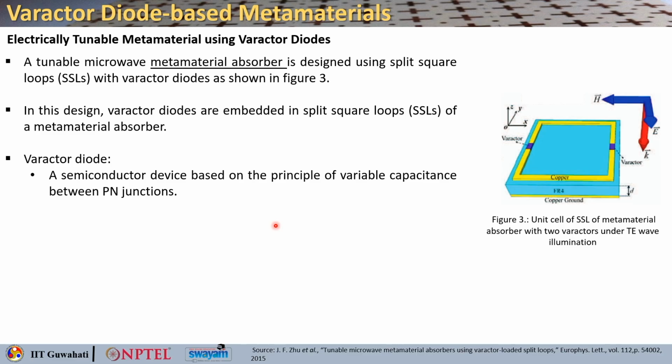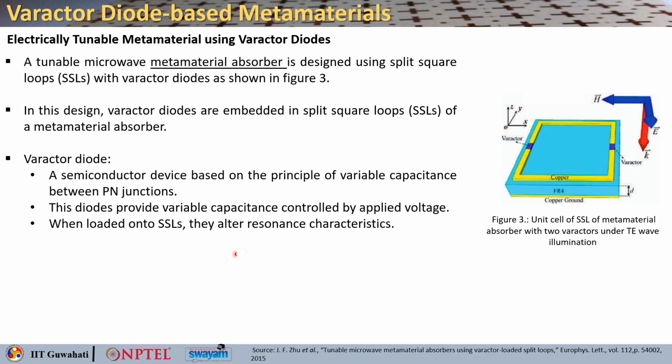Now, what is a varactor diode? It is basically a semiconductor diode based on the principle of variable capacitance between PN junctions. So in this diode you can have variable capacitance which is controlled by the applied voltage. When you load them into these split square loops, they can alter the resonance characteristics.